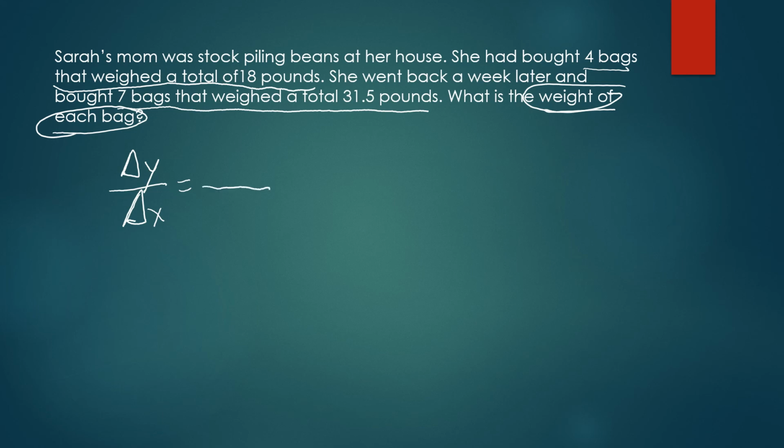So since I know the bags contain the beans, the bags then thus give the weight. So the weight is dependent on the number of bags. So bags is the independent variable, weight is the dependent variable.